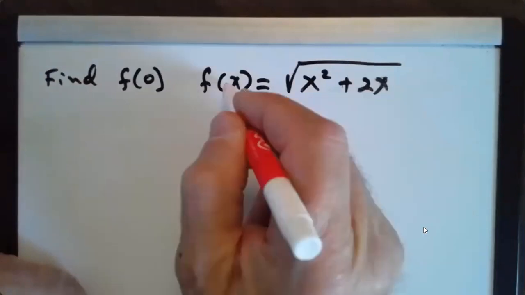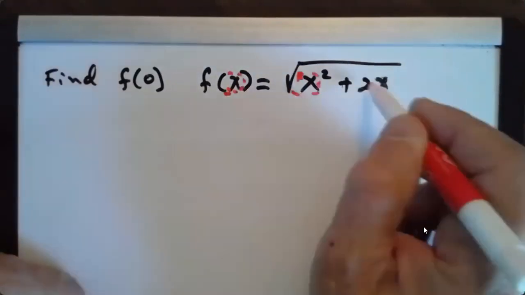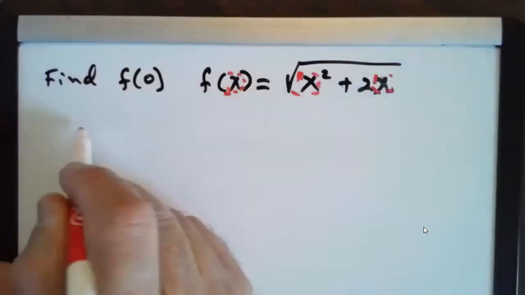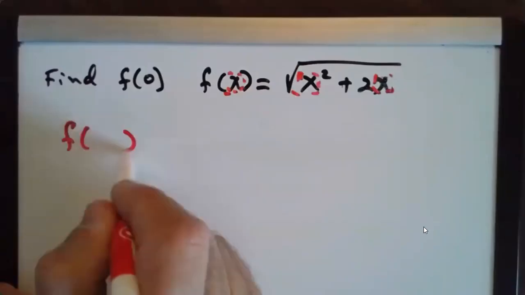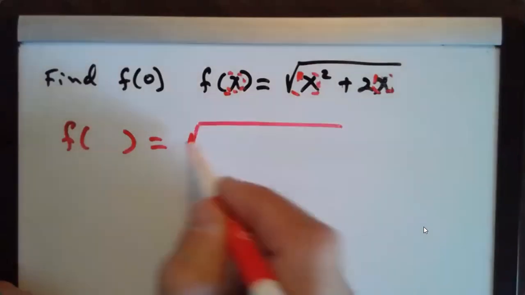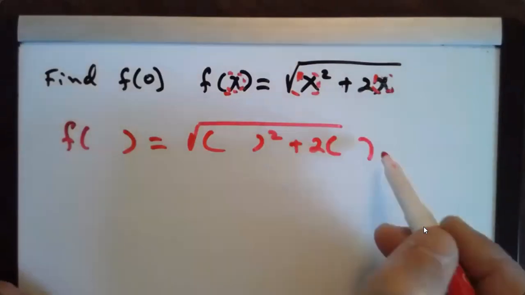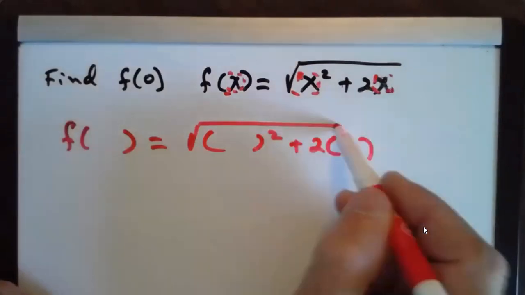So it's like we're cutting out the x and we put parentheses. So this would be f of 0 equals the square root of 0 squared plus 2 times parentheses 0.